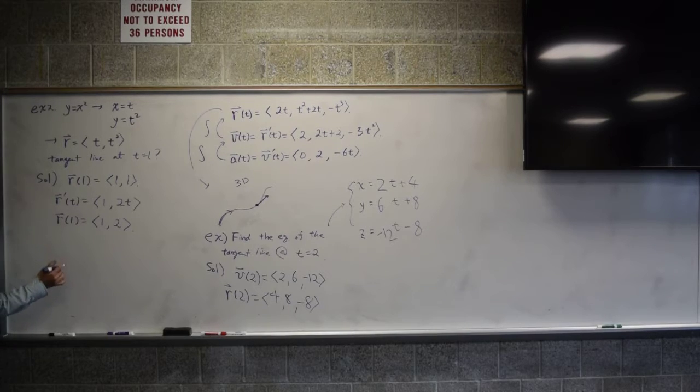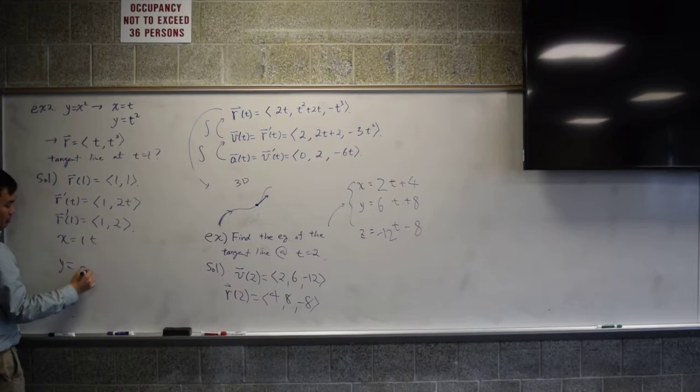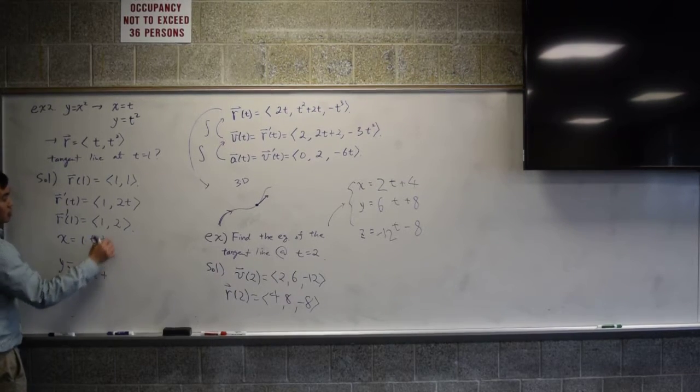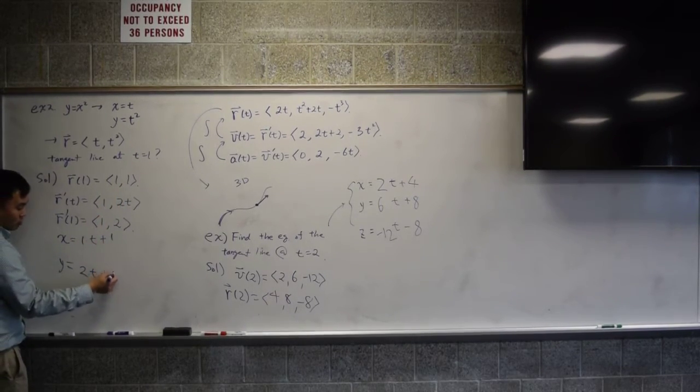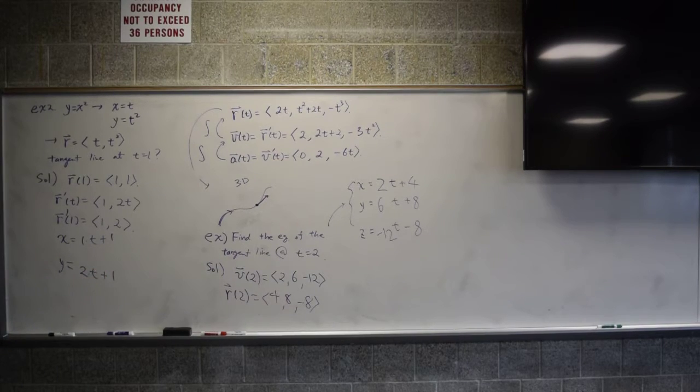And now we are ready to write down the equation, x and y. The direction vector is 1, 2, so it's 1, 2, t, t. And then the position, a point on the tangent line is 1, 1, so you put 1, 1. And that's it.